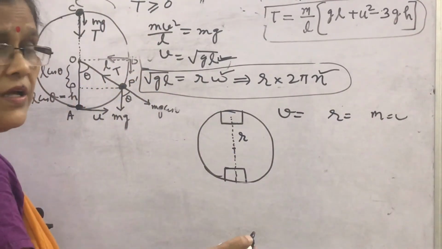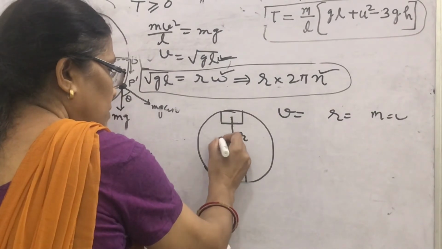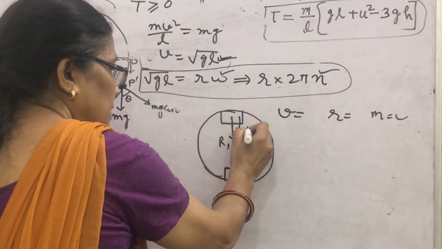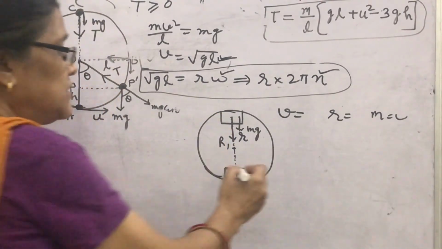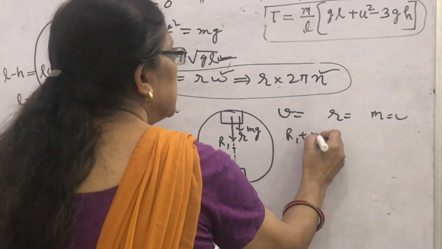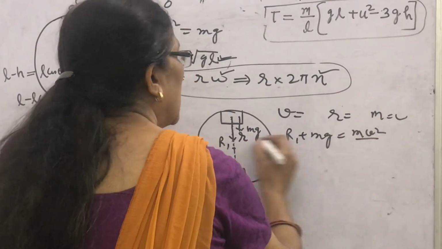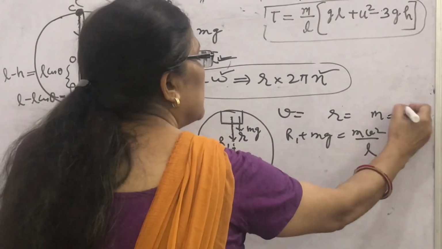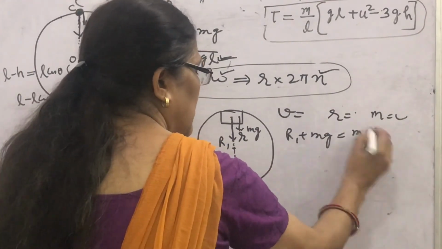How will you find? At the topmost point, you know the reaction will be downward, also the weight will be downward, and both of these will provide the centripetal force. Then R1 plus mg equal to mv square by r. This r is length of the string, that is radius of the circular path.